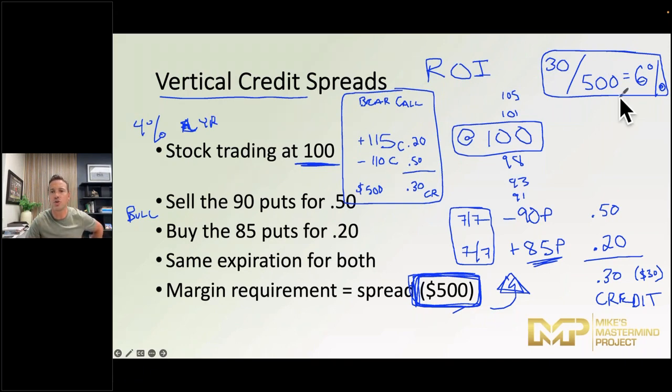So what does that do to our ROI? If we have a 30-cent credit here, a 30-cent credit here, we're trading both, it's still only a $500 margin requirement. We just doubled our income, doubled our return on investment. All right, so why don't we just do that all the time? Well, now it has to stay under a certain level as well as staying above.